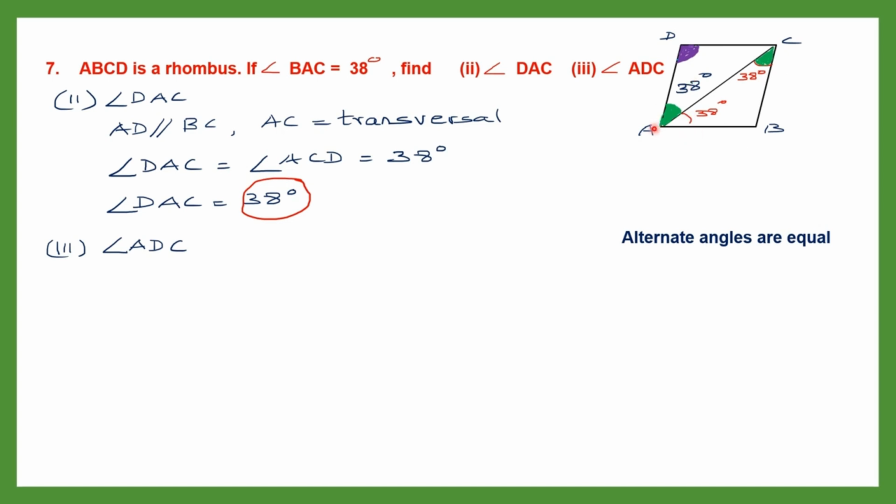So here AD and BC are parallel lines. So it is like this: if we have AD, suppose I write this as A and D, and this is C and B, and we have this transversal moving like this, then these two angles will be alternate angles.